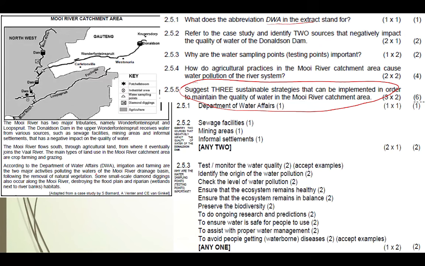Most of the questions there will be based on the source that you have. But what is important is strategies. So, sustainable strategies to implement to maintain the quality of water.